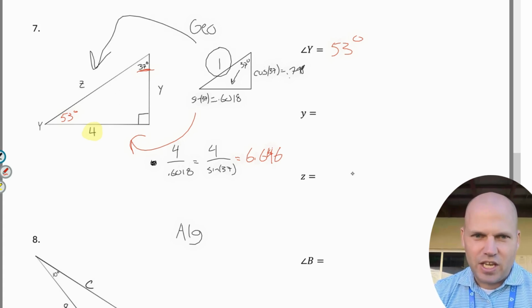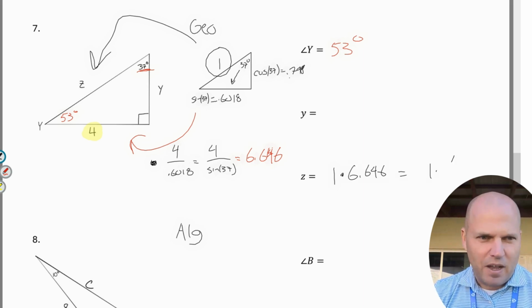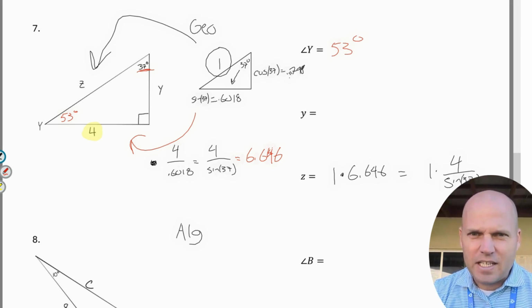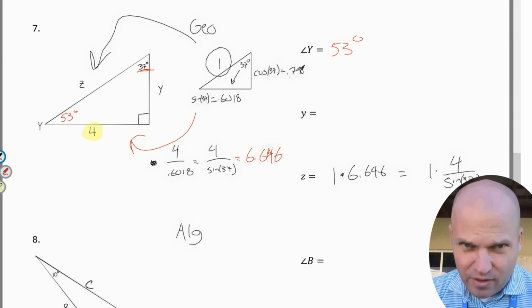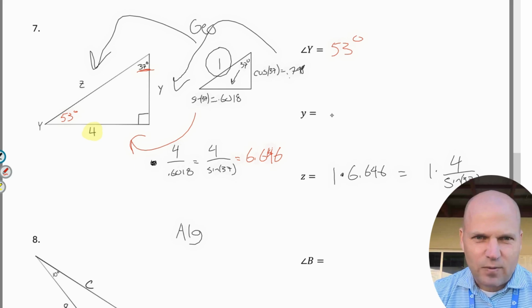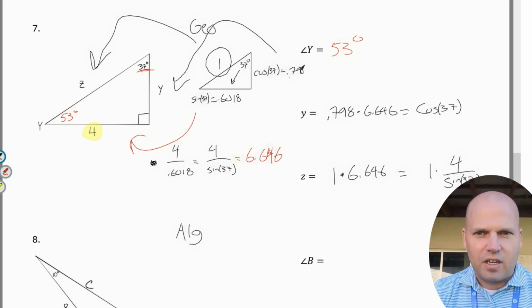Okay, so that would be z, which is 1 multiplied by 6.646, or 1 multiplied by 4 divided by the sine of 37. Okay, what about y? Well, I need to take this cosine of 37 and multiply that by 6.646. So I can take 0.798 and multiply it by 6.646, which is the same as taking the cosine of 37 and multiplying it by 4 over the sine of 37.